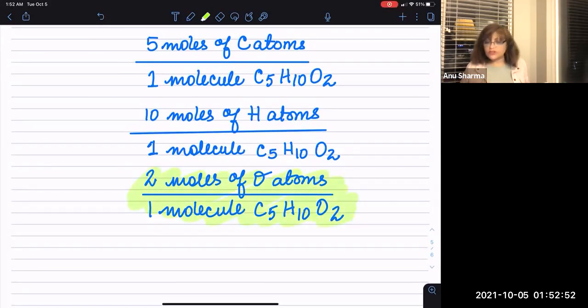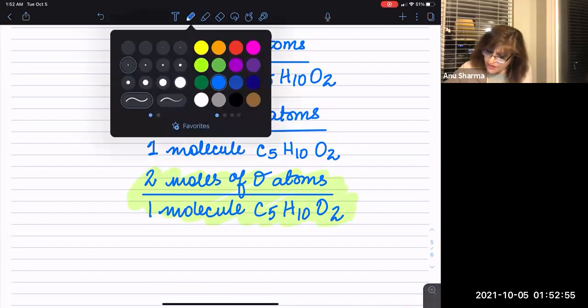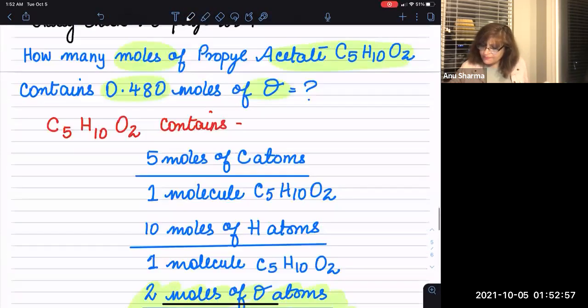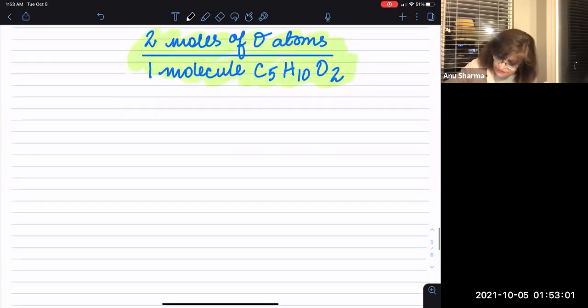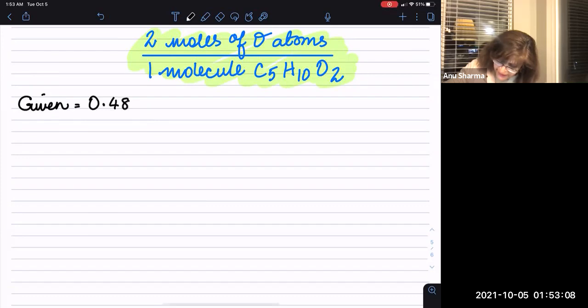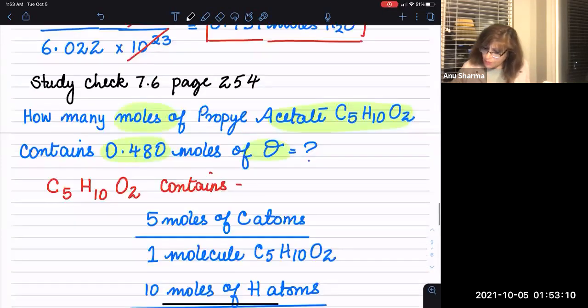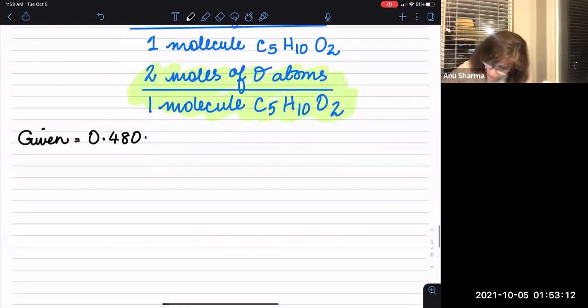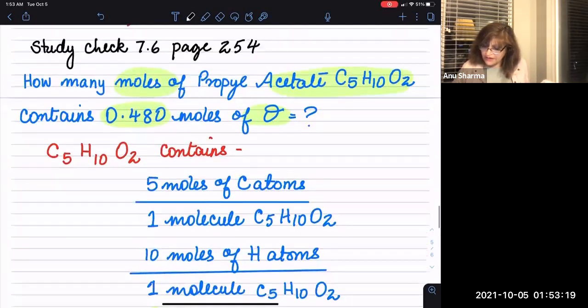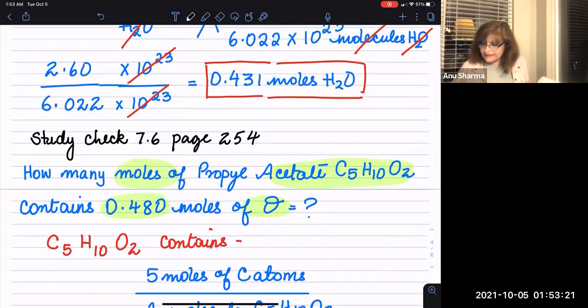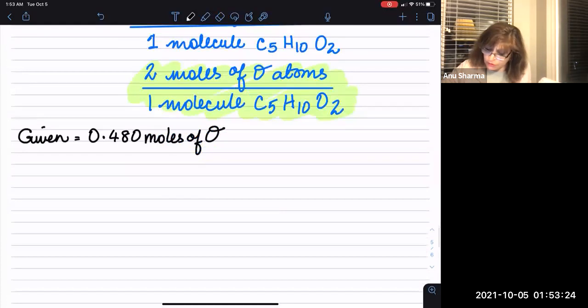So leave the rest. Let's write this here. We are given 0.480 moles of oxygen atoms. Okay, and the question is asking how many moles of propyl acetate contain these many moles of oxygen.